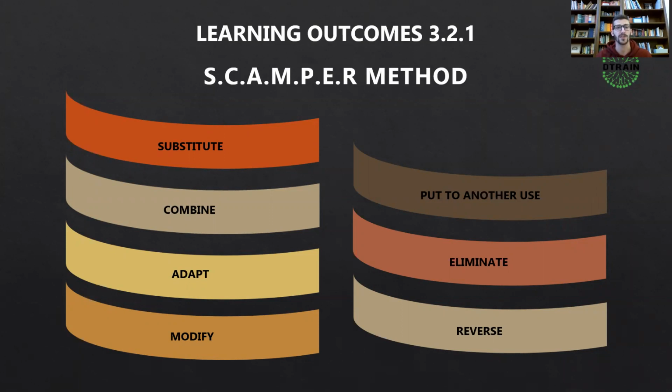S.C.A.M.P.E.R. refers to a series of reflections or provocations that helps the team to innovate a product, a service, or an existing situation, looking through 7 different objectives. These objectives are these 7: substitute, combine, adapt, modify, put to another use, eliminate, and reverse.